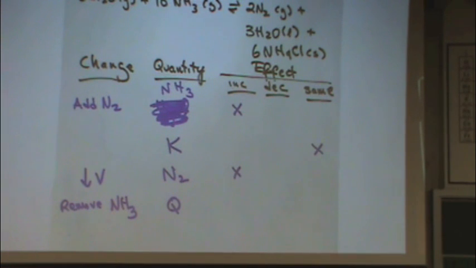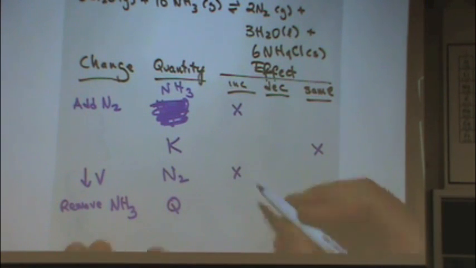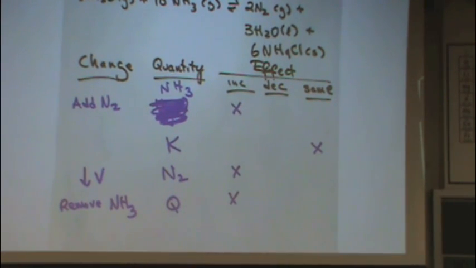It's going to get bigger because NH3 is in the denominator, with the reactants. Because the reactants are getting smaller, Q is getting bigger. Then you could, if you want, ask which way will it shift? It has to shift left to make Q smaller.